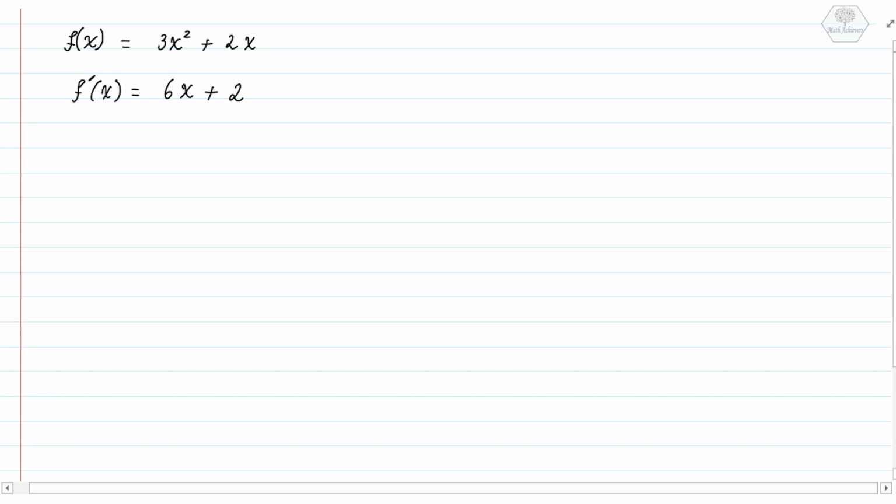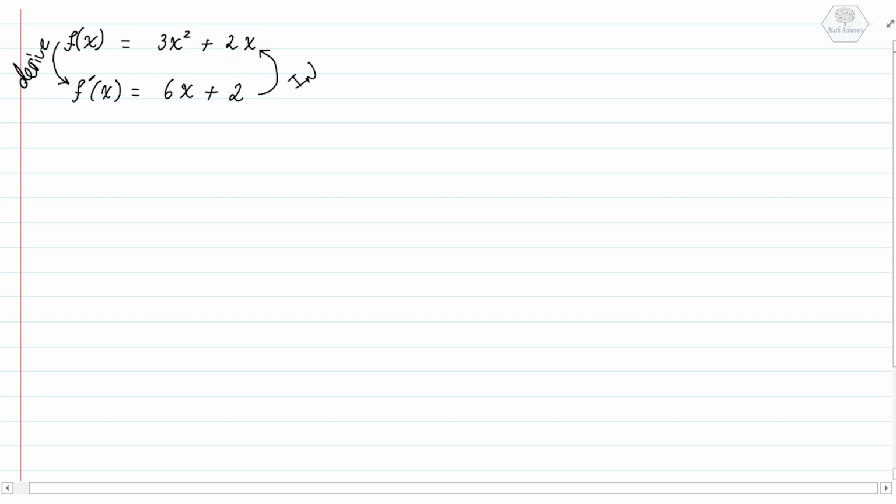So to go from f of x to f prime of x, we need to derive, which is differentiation. To go from f prime of x to f of x, we need to integrate.